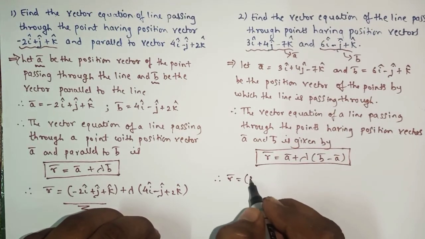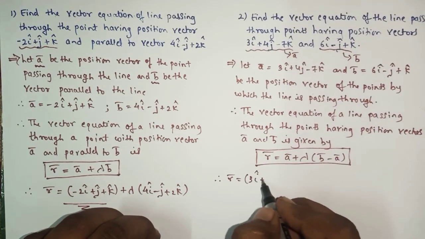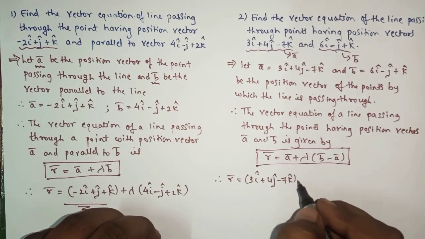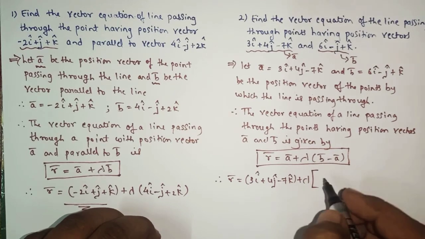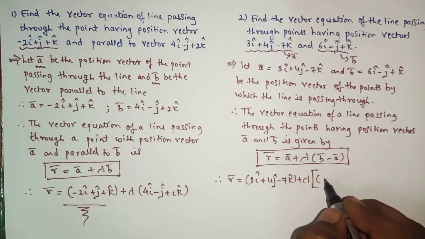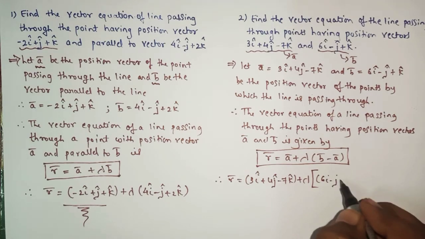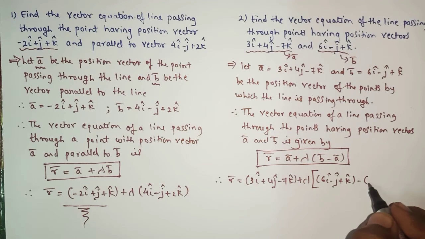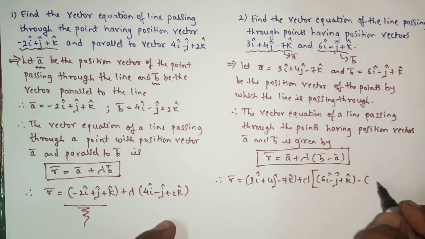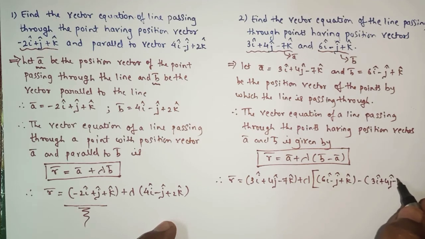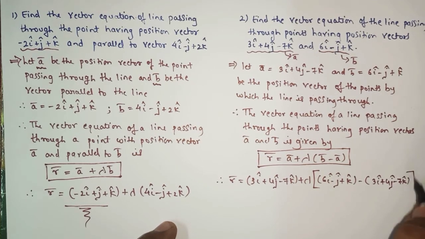That is 3i plus 4j minus 7k plus lambda. What is B? 6i minus j plus k. Yes or no? Minus A is what? 3i plus 4j minus 7k.